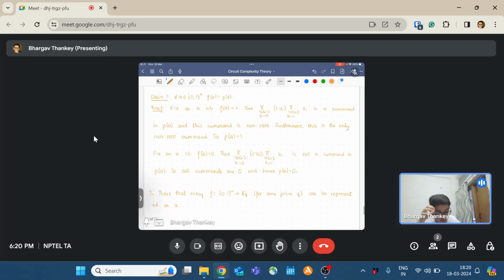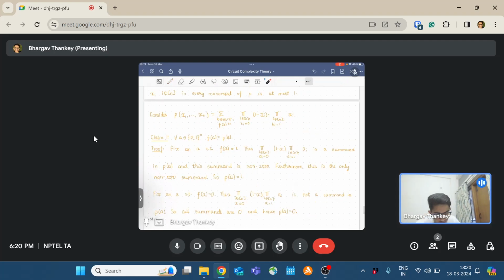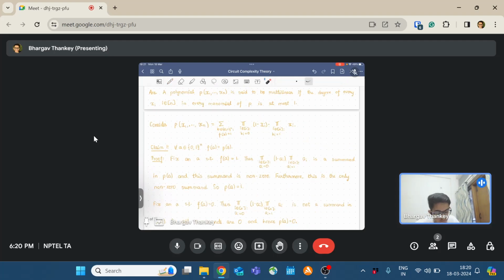Oh, by the way, I forgot the multilinear part. So we also needed to prove that this polynomial is multilinear. But that's easy to see, right? Because here is the only part where the x_i's are multiplied, and the degree of every x_i is 1 because every x_i appears exactly once, either over here or over here, right? So this polynomial is also multilinear.